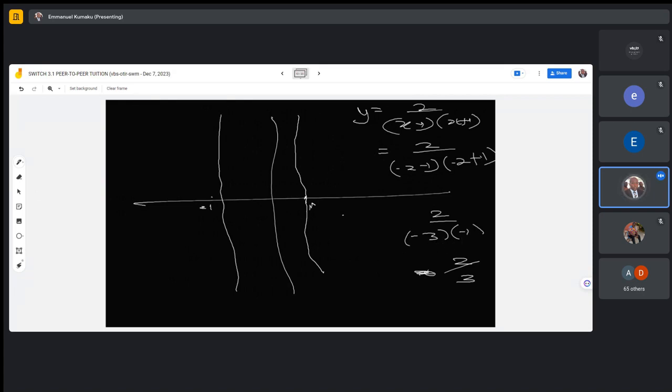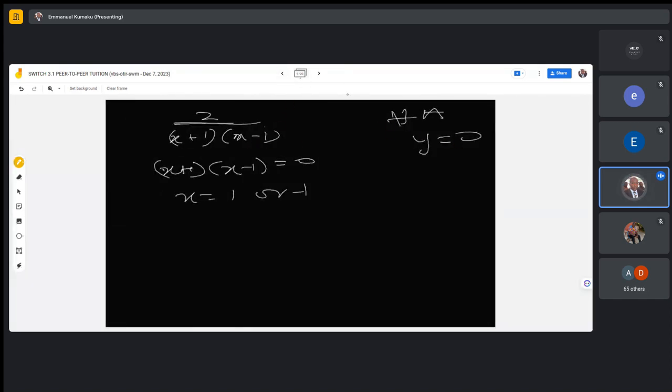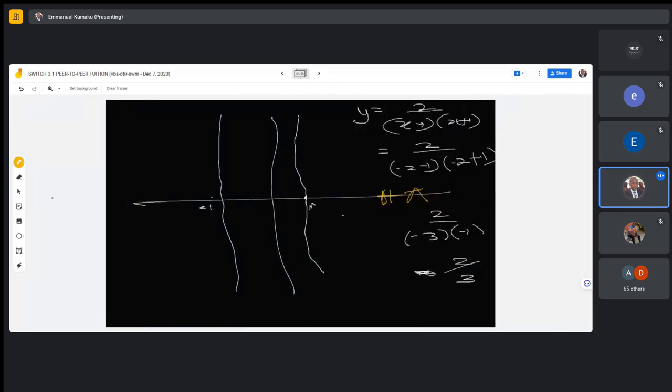So it means for this side, this one is ruled out, because our 2 over 3 will be above the s-axis. Remember, the s-axis is the horizontal asymptote. Here is the horizontal asymptote, because we said it is bottom heavy, so its y is equal to 0. So the curve will look like this here.